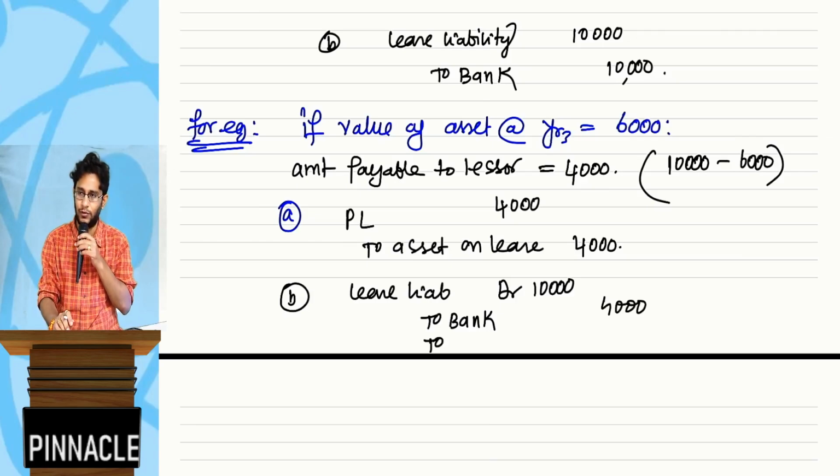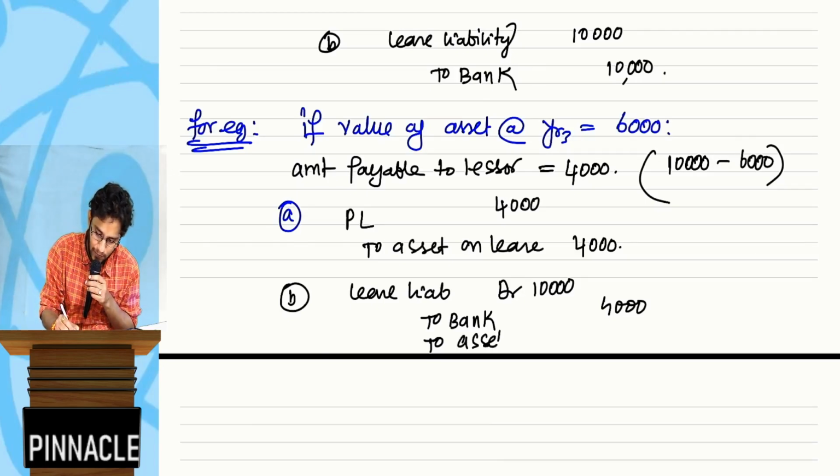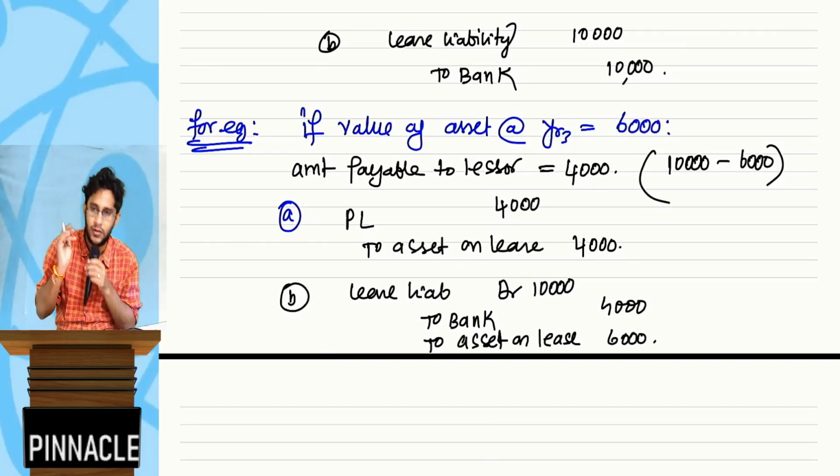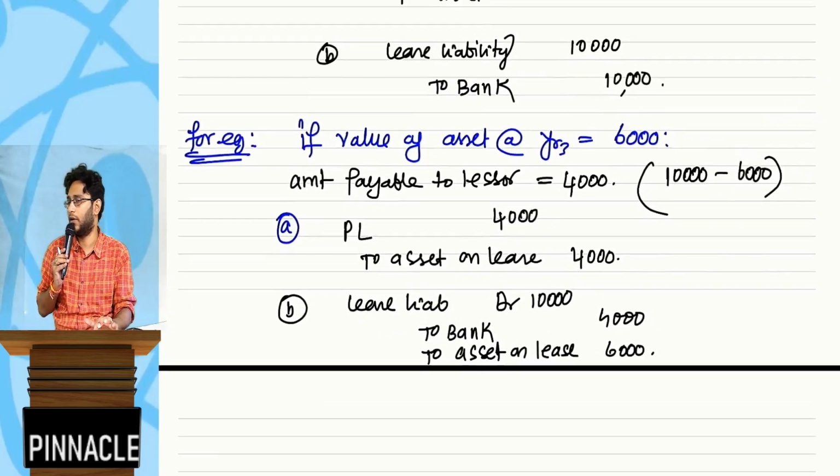Sir, what will you do with the 6,000? The asset will go back, no sir. The asset value is 6,000, but it is not your asset anymore after the lease period. Give it back. Asset on lease, give it back 6,000. This is the full original accounting of lease accounting in the lessee's books.